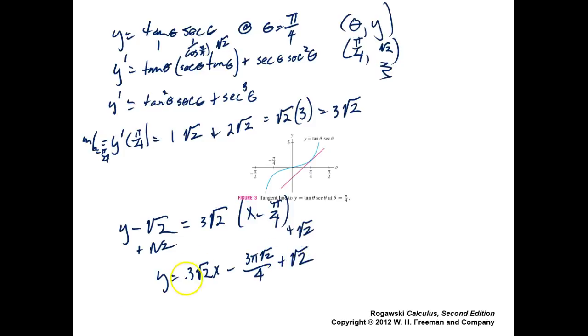So now that would be 3 root 2x plus root 2 times 1 minus 3 pi fourths.